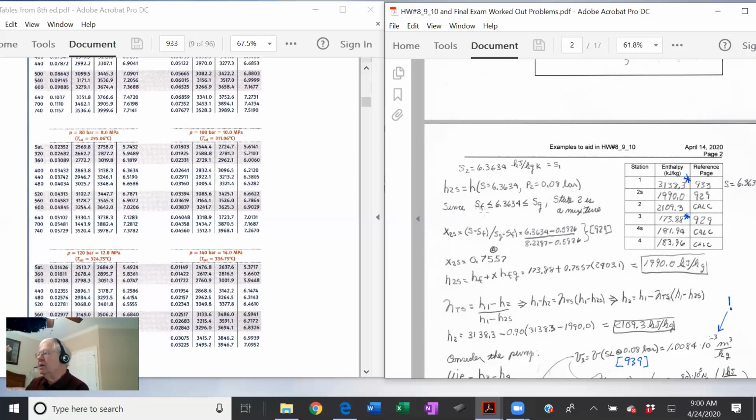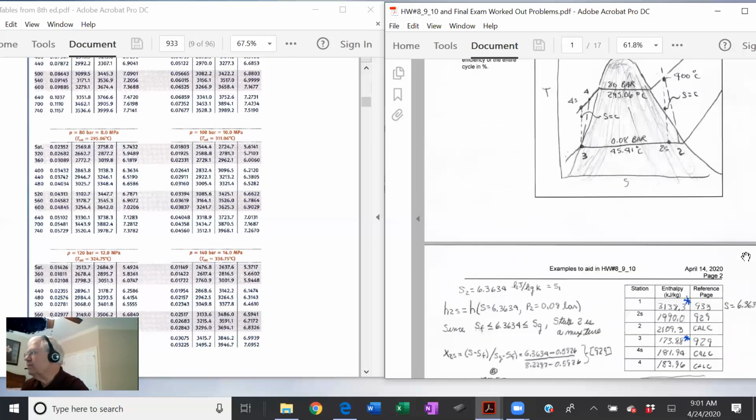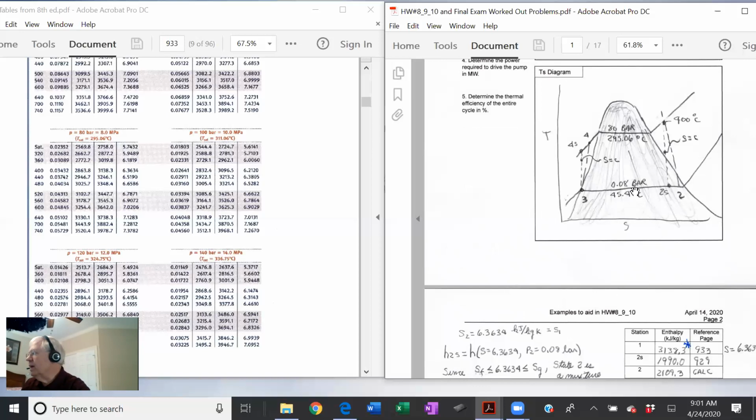Now, let's go back to the saturation tables because I have a strong suspicion here that we're going to be in the mixture zone, which the saturation table will give us, with a quality of maybe 85%.